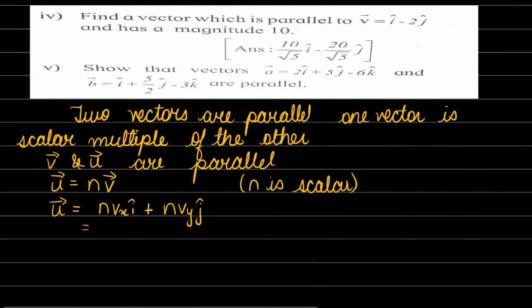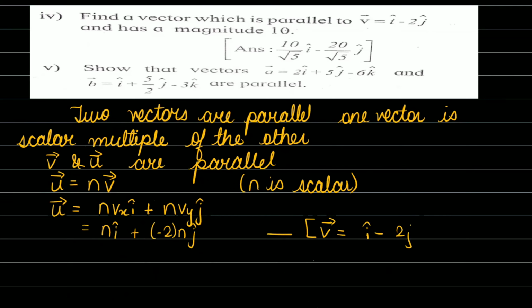The v vector is i cap minus 2j cap, so the coefficient of i is 1 and the value of vy is -2. So we write i cap plus (-2n) j cap. So the value of the u vector is n i cap minus 2n j cap.